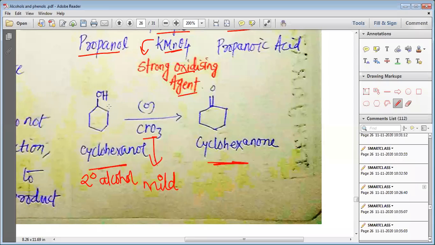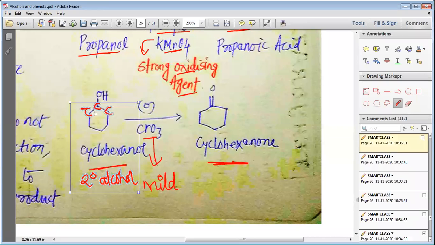If you cannot understand, let me show you that this carbon which is bonded to OH is bonded with 2 other carbons, and that is why your cyclohexanol is a secondary alcohol which turns out to be cyclohexanone, which is a ketone.